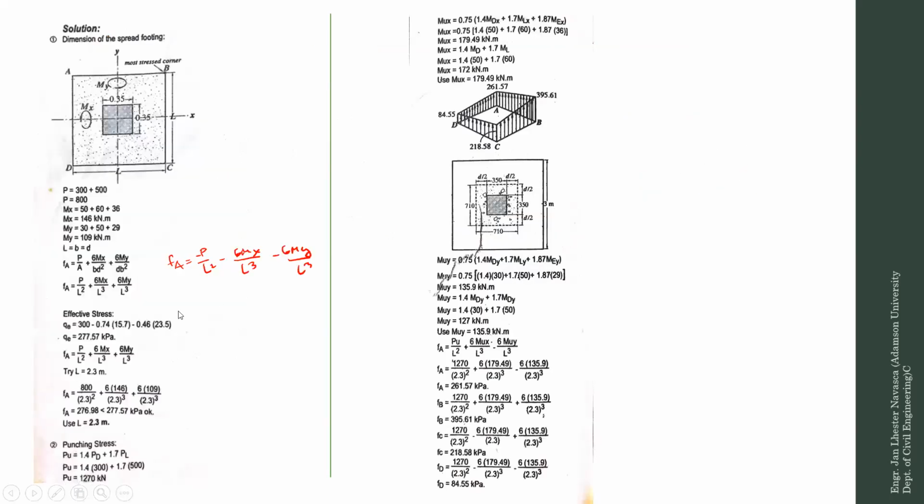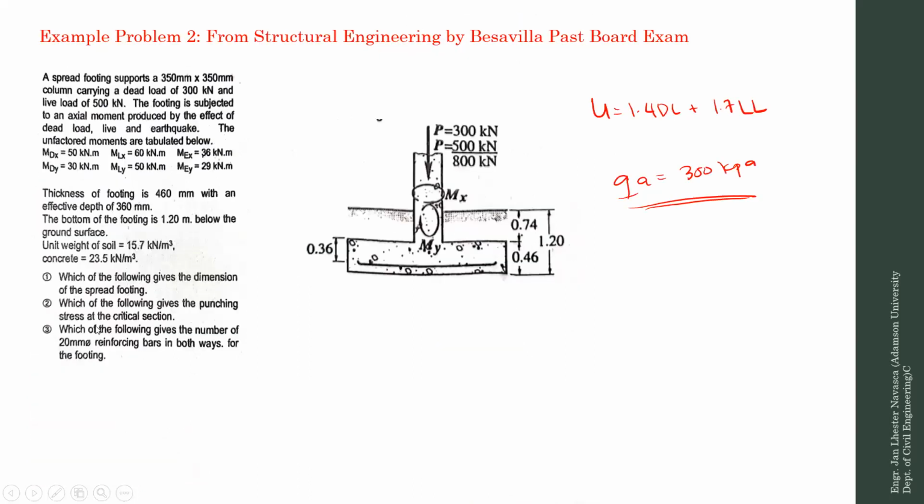So for the effective stress, 300 kPa minus mo yung depth of your yung soil, height of the soil. So 0.74. So saan galing yung 0.74? According to the problem, your footing is 1.2 below and your column with your footing depth is 460. So 1200 minus 460, you get 740.